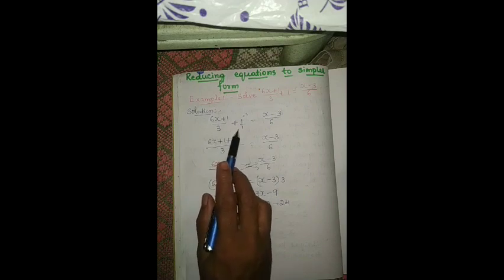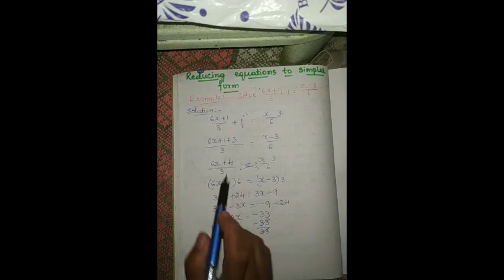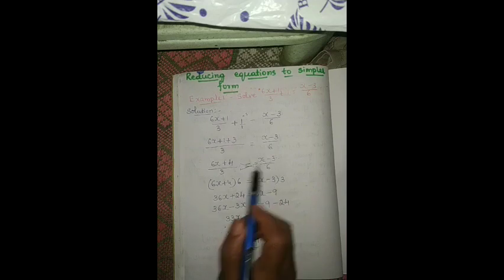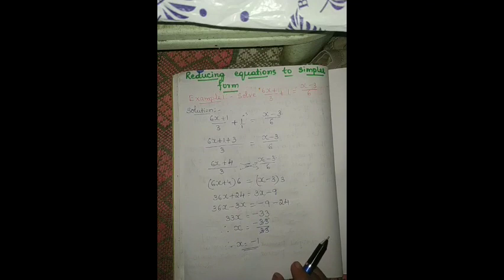The important thing is that you should be very careful while taking the LCMs and should cross multiply. Whenever we get two fractions on both the sides, we have to cross multiply them. Cross multiplying in the sense 6x plus 4 into 6 is equal to x minus 3 into 3. Observe here properly, children, you can understand easily.